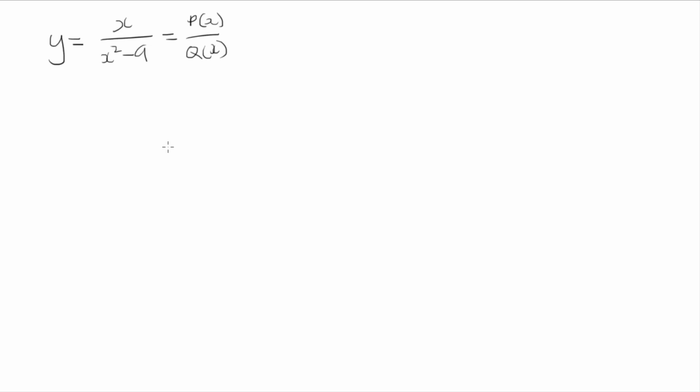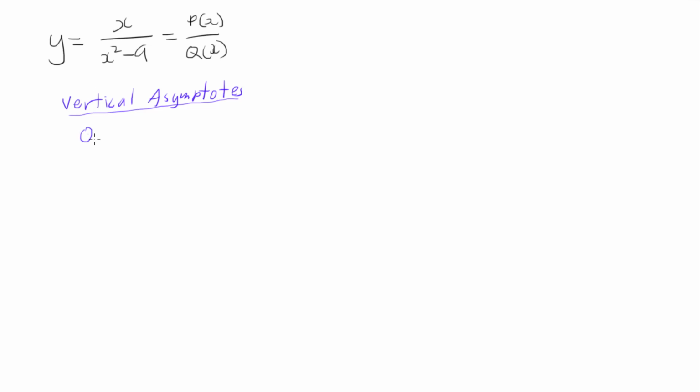So what we need to do to look at graphing this is we first want to look at asymptotes. We have our two types, vertical and horizontal. Let's check out vertical first. The vertical asymptotes come from when my denominator is 0, because that's when I'm trying to divide by 0.